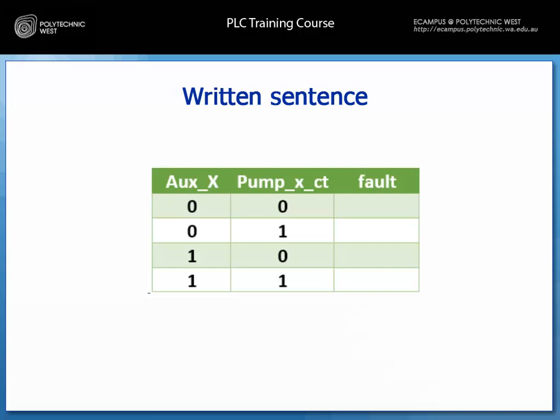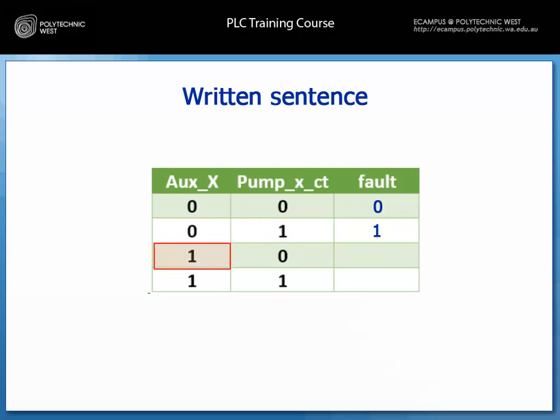We can use a truth table to show the possible combinations. If the auxiliary X is off and pump X CT is off, then this isn't a fault. We show a 0. If auxiliary X is off and pump X CT is on, then this is a fault. We show a 1.